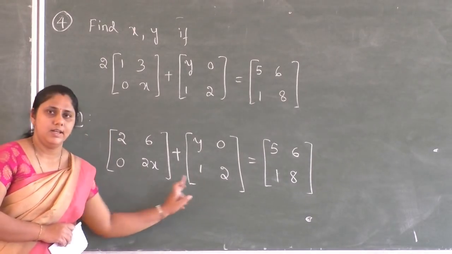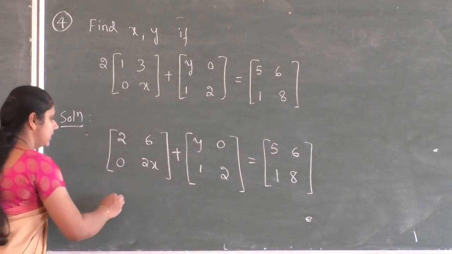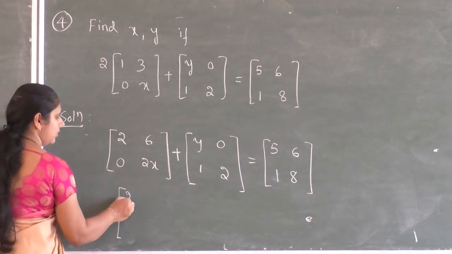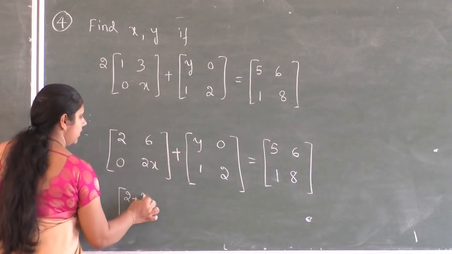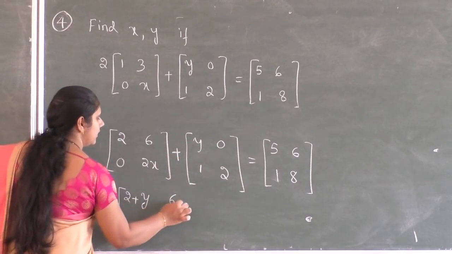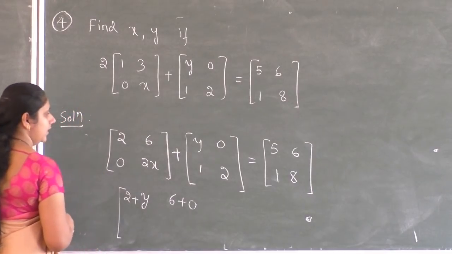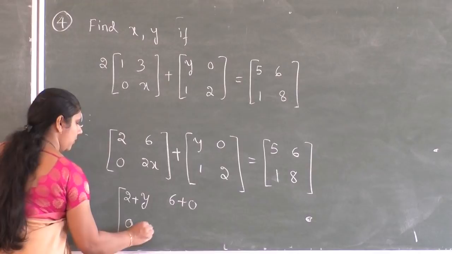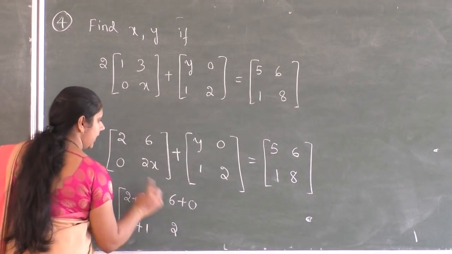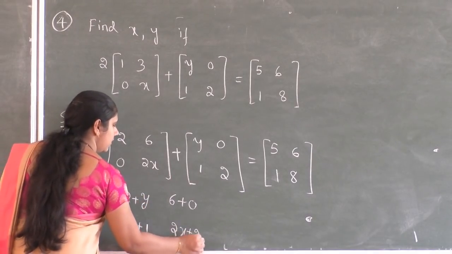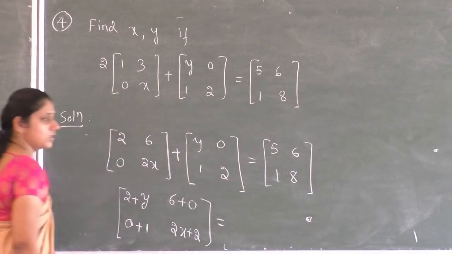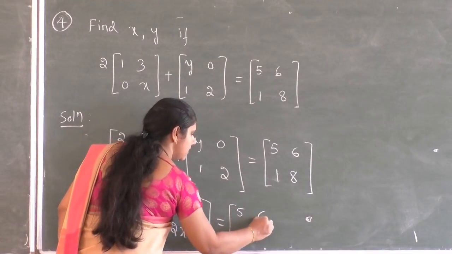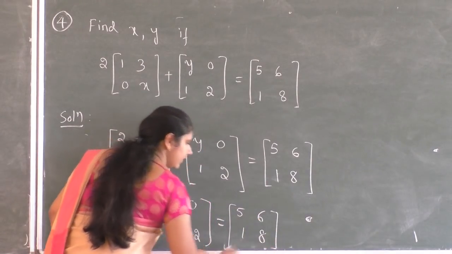Now on the left side it is a matrix addition. In matrix addition you have to add the corresponding elements. So first element is 2 plus y, second one 6 plus 0, third one, that is second row first column, 0 plus 1, and second row second column 2x plus 2, which is equal to the right hand side, that is [5, 6, 1, 8].